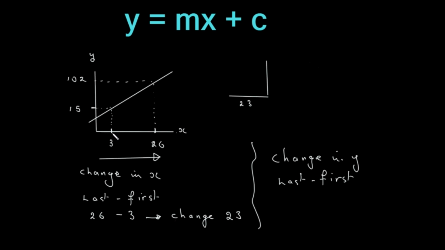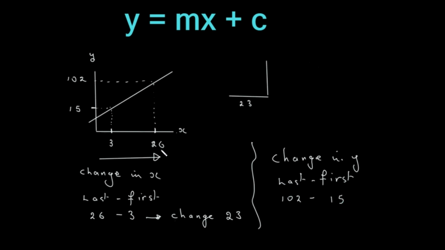That is the first value for x, so that is the first value for y, so that is 15. Moving from left to right, that is the last value on the x, come up, come across, so that is the last value for the y, which was 102.